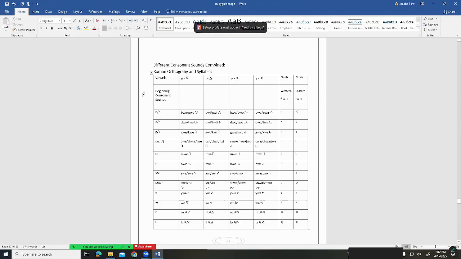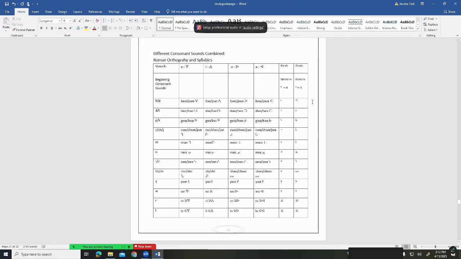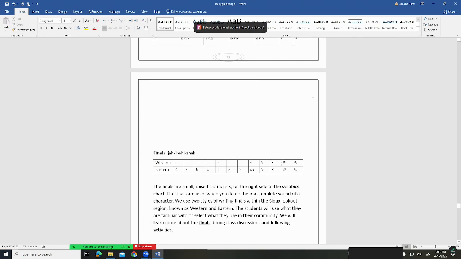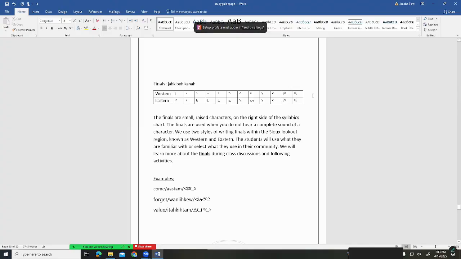The next chart combines Roman orthography and syllabics, written in both writing systems. And the finals again.